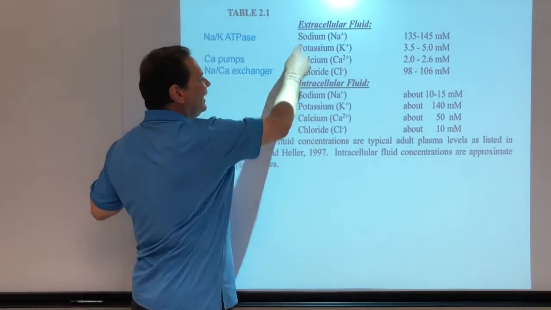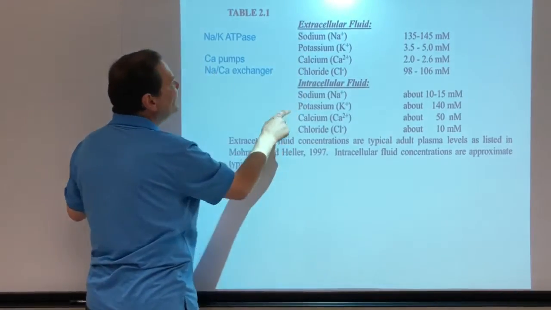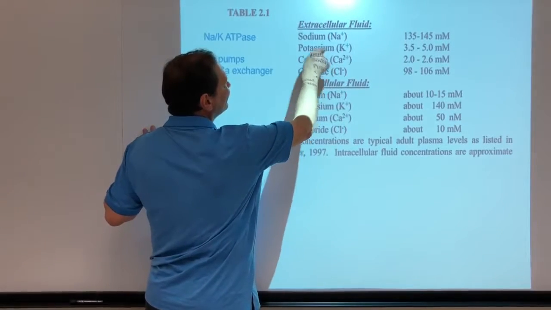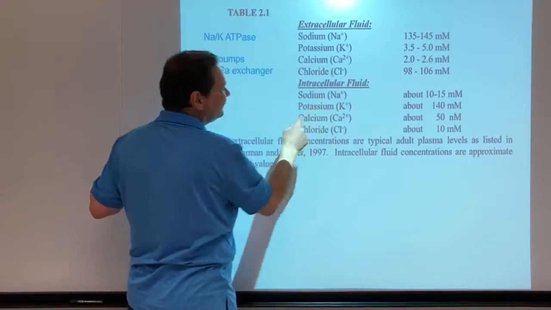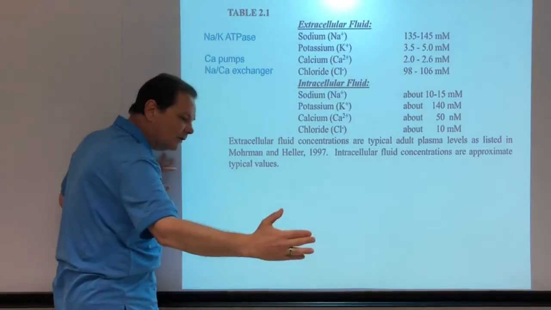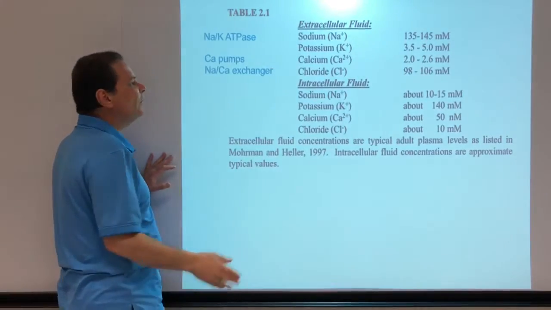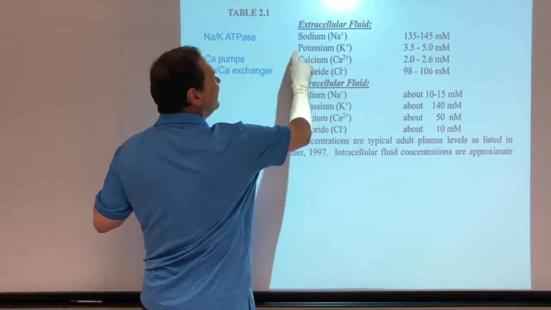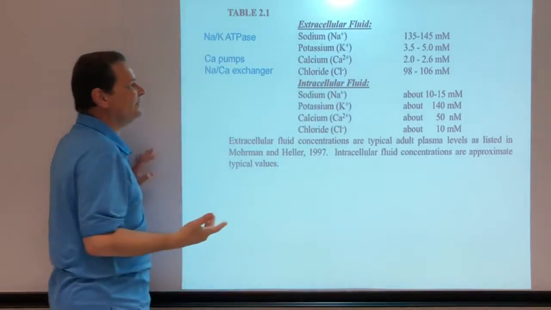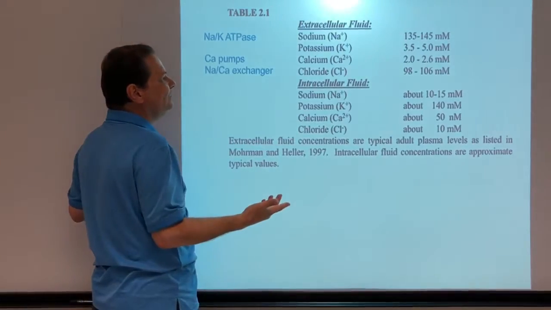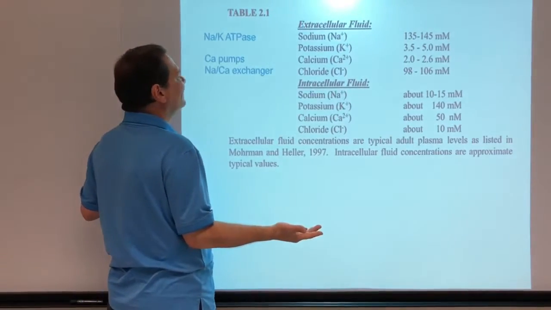It keeps sodium high outside and low inside. Conversely, it pumps potassium from low concentration outside to high concentration inside. It uses energy to pump the potassium uphill from low to high. So it maintains a high potassium on the inside of the cell and a low potassium on the outside of the cell. And it does that by hydrolyzing ATP and using the energy in ATP to generate these gradients.